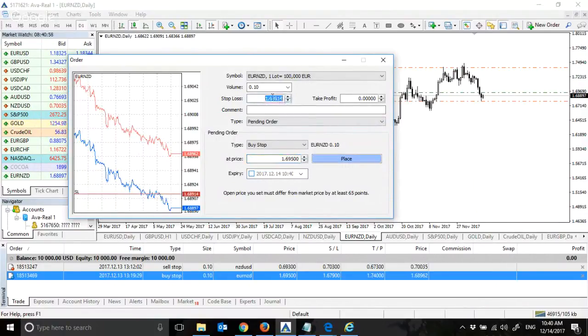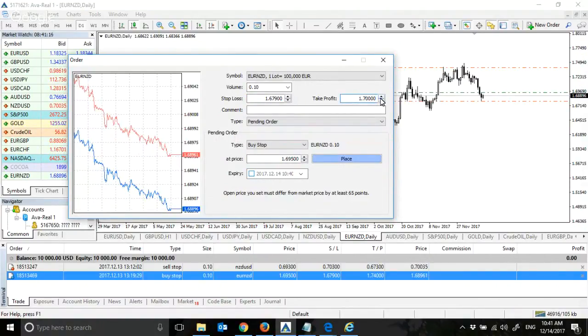Again, my stop loss is yesterday's lows around 167,900, reflecting a 160 pips stop. But the upside is much better.